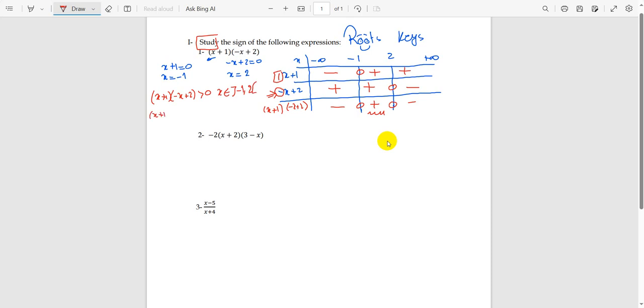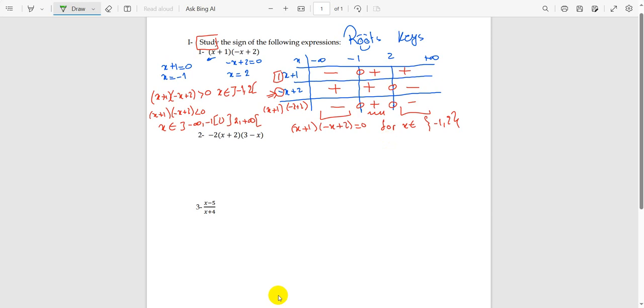X plus 1 into minus x plus 2 less than 0, right here, which is over 2 intervals, then x belongs to minus infinity, minus 1 union 2, plus infinity. And of course we can state that x plus 1 into minus x plus 2 equals 0 for x belongs to -1 and 2.